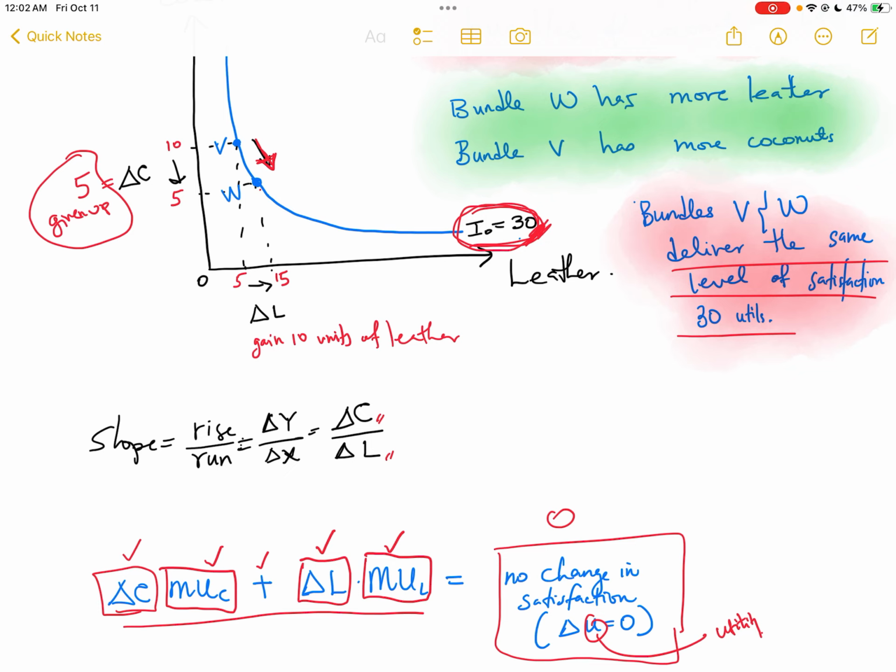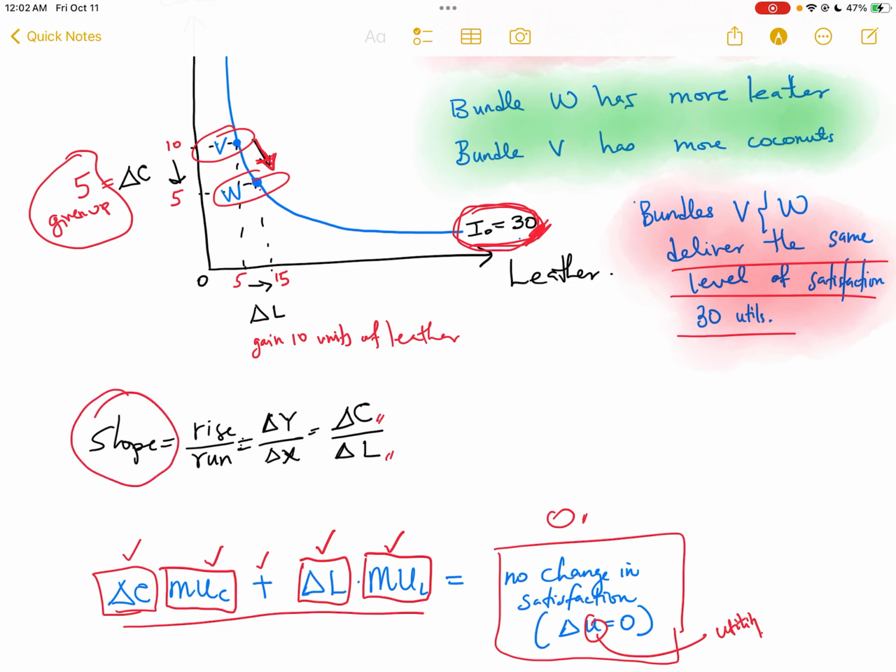Meaning, the level of utility you got when you were at bundle V is the same level of utility you have at bundle W. And so the difference between the level of utility at these two bundles is 0, right? So that's what we have.